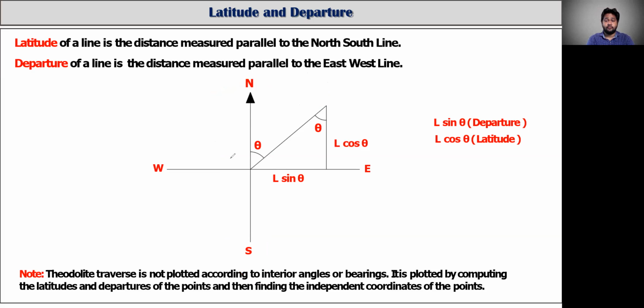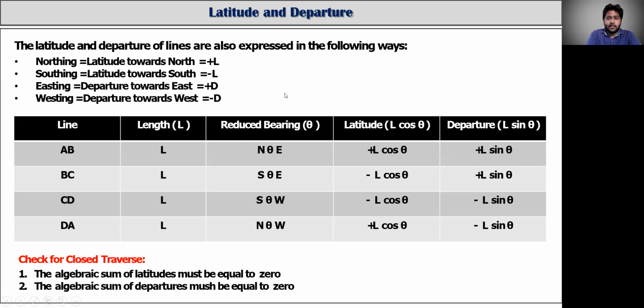Note, a theodolite traverse is not plotted according to the interior angles or bearings. It is plotted by computing the latitudes and departures of the points and then finding the independent coordinates of the points. So we'll see now how to measure these latitudes and departures.